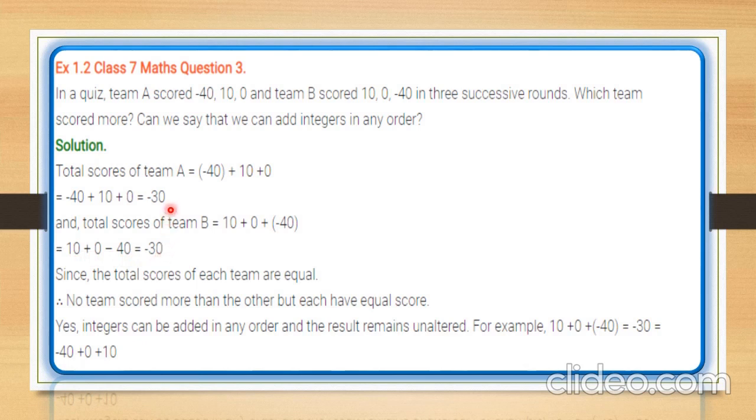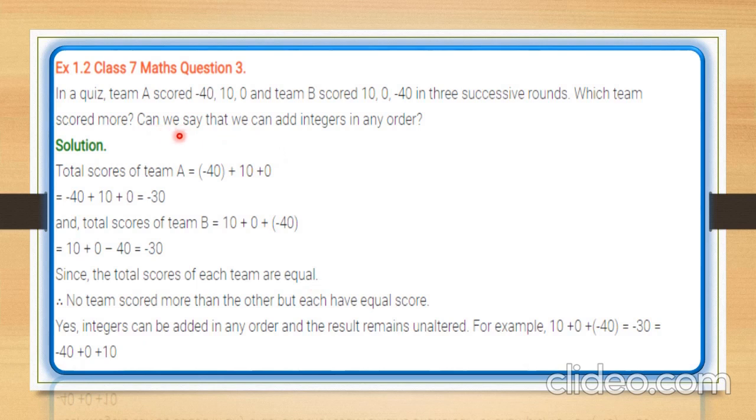Now team A also got minus 30 as total score, and team B also got minus 30 as total score. Therefore, the total scores of each team are equal. So this is the answer for the first part.